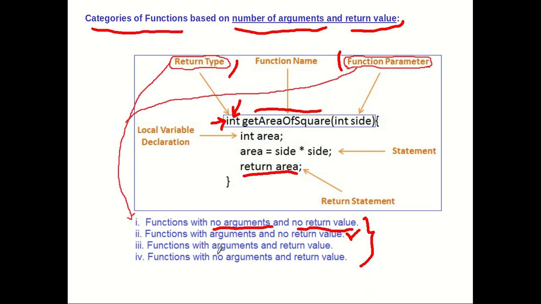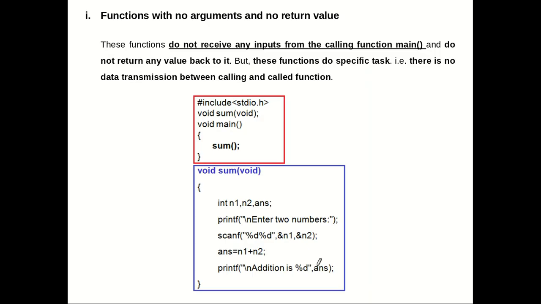We can also have a function with arguments and return value. The function will take the arguments as well as return values. And some functions will not take any arguments, but still those functions will return values. Such functions are called functions with no arguments and with return values. Let us discuss in detail by taking some program examples.